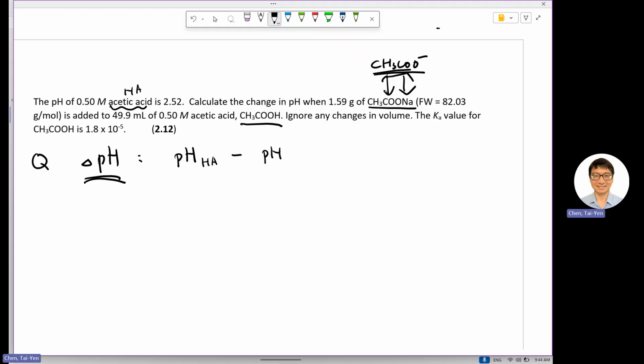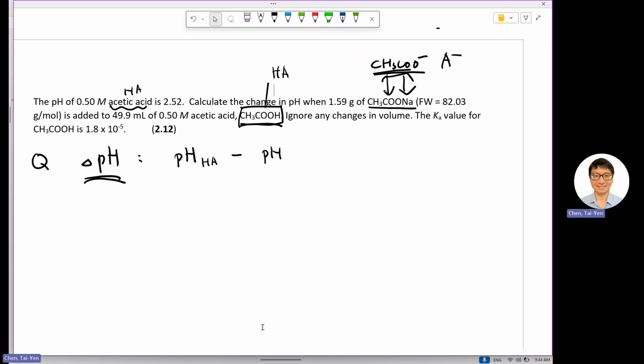So you throw in CH3COO minus into what? Into a CH3COOH solution. What are you going to have? Did you see this is your A minus? Did you see that's your HA? That's what I want you to see.